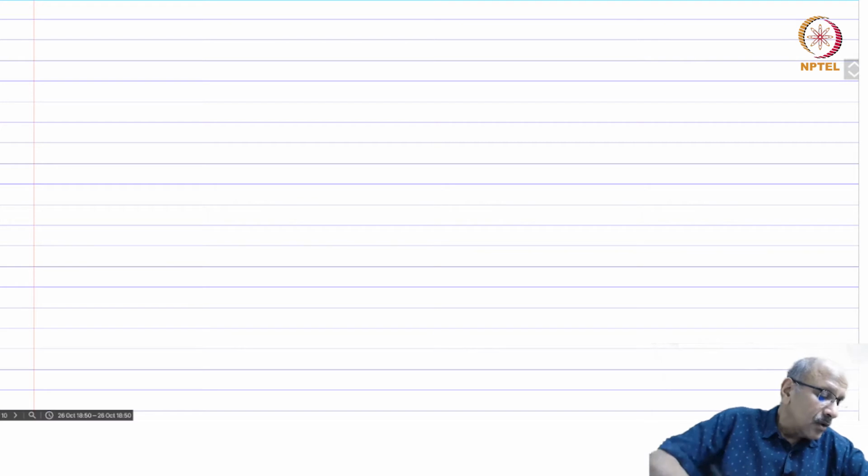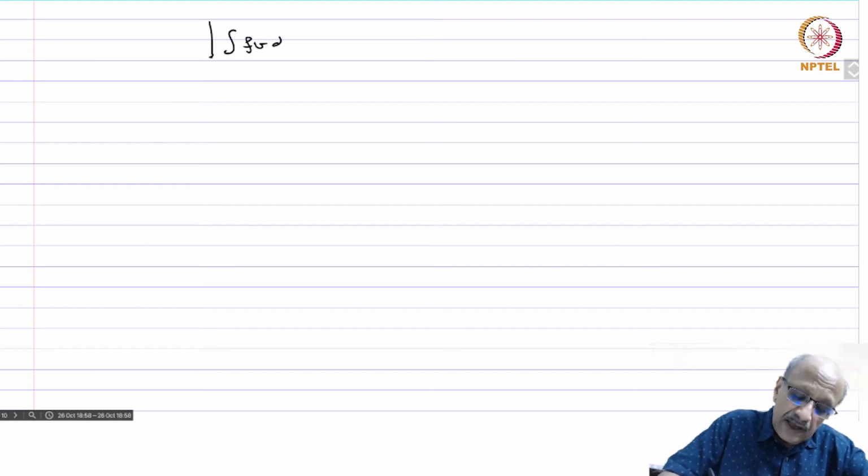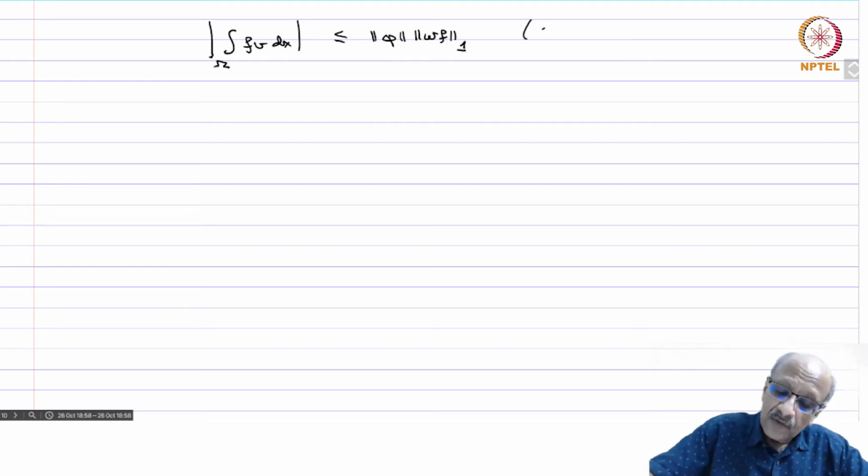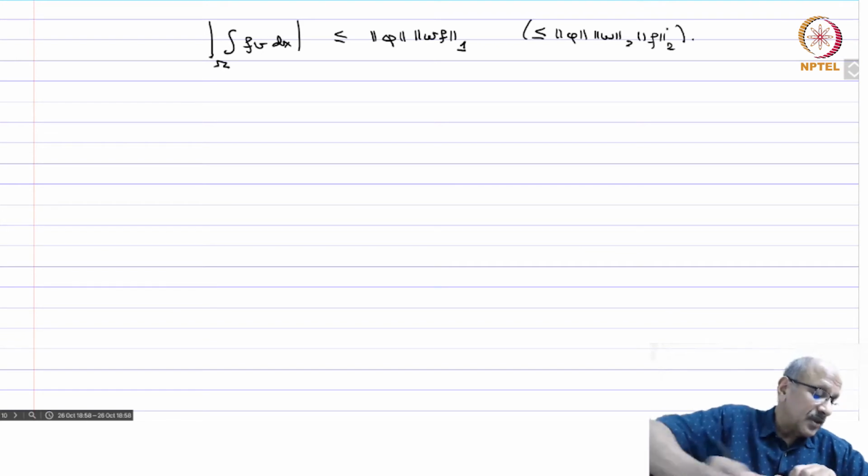So we have the modulus of the integral of fv dx over omega is less than or equal to norm phi times norm Wf in L1, which is less than or equal to norm phi times norm W in L2 times norm f in L2. We have already seen this.